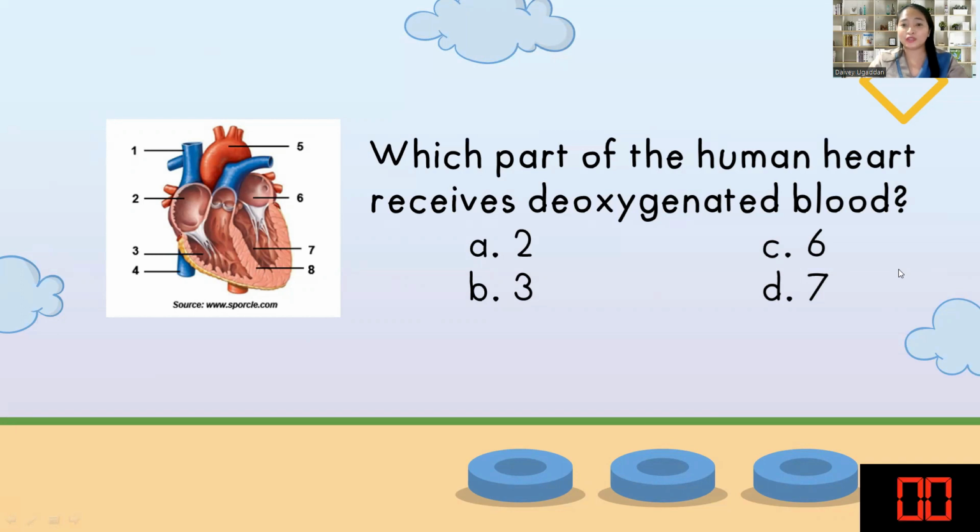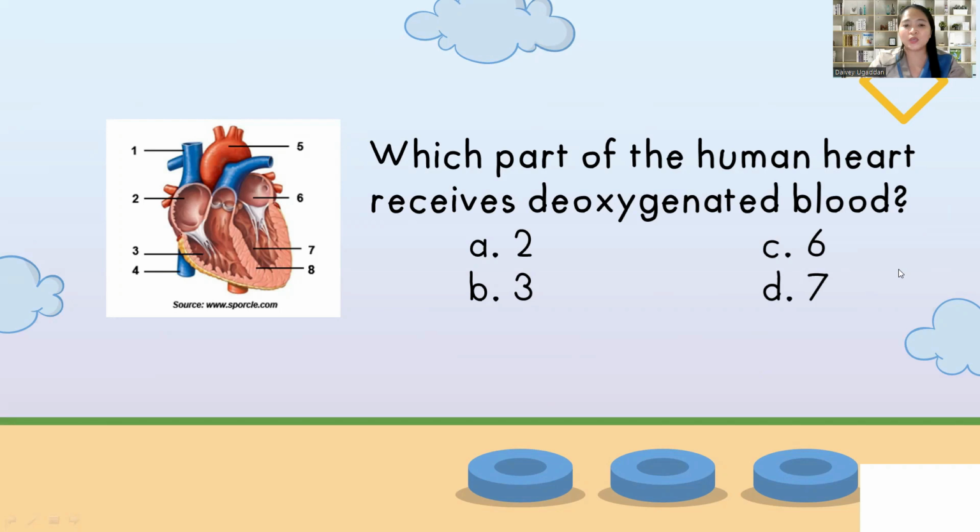Okay, so to be able to answer this question, recall the side of the heart. Which side of the heart has the deoxygenated blood, or blood with carbon dioxide? That is your right side. So if we're going to use the elimination method, we can eliminate number 6 and 7 because they are on the left side.